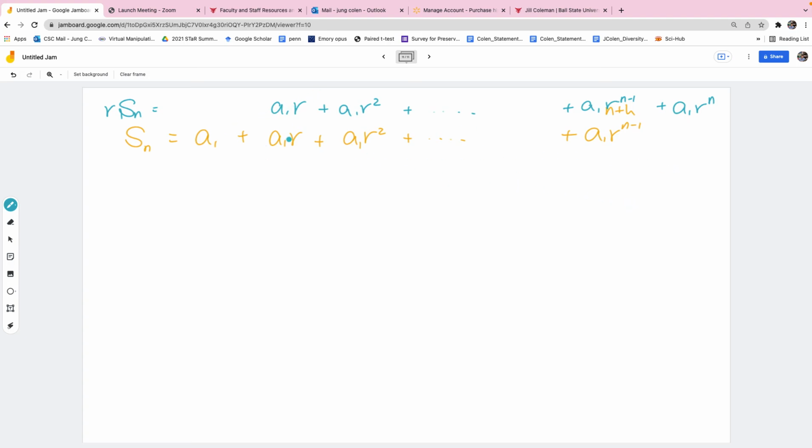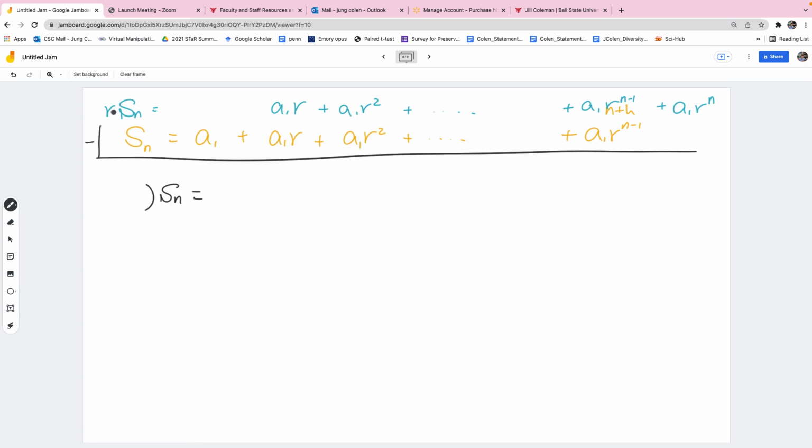We can kind of cancel this out if we subtract this yellow part, S of n, from r times S of n, right? So that's what I'm going to do. If you subtract this whole thing, what do I get on the left hand side of the equation? I have r times S of n minus 1 S of n, and S of n is common, so we can factor that out and we have r minus 1, right?